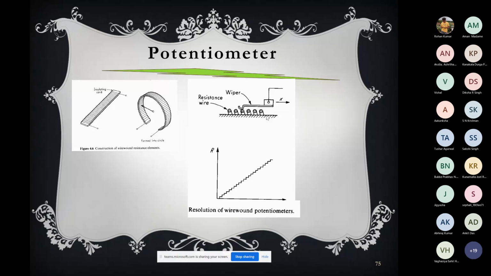So you will not get continuous resistance values because you are winding the resistance on a bar and the wiper is going on the bar to a particular point on the resistance.